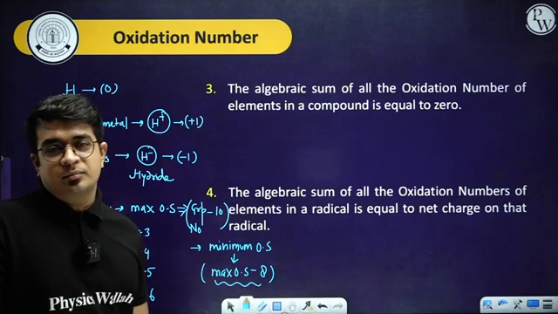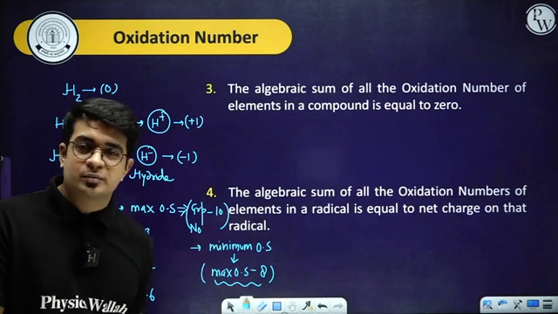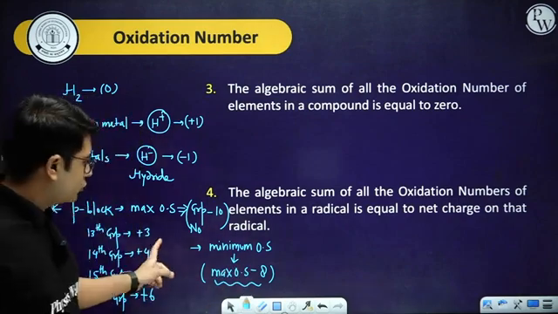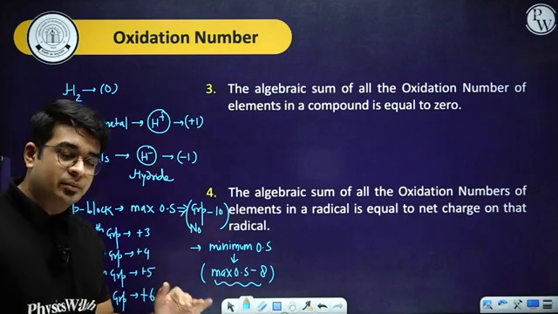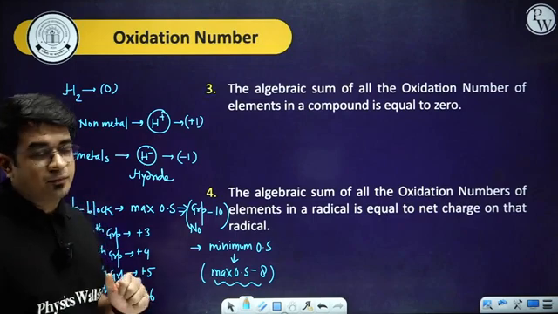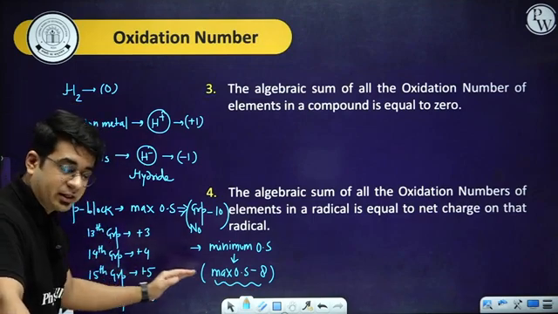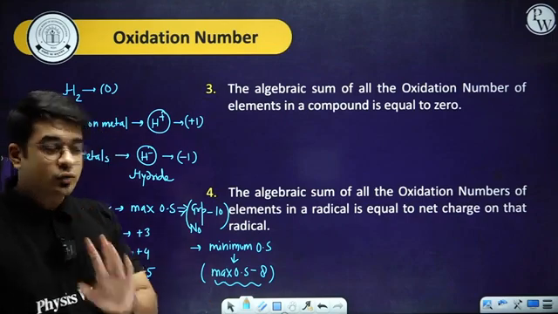How can an element gain 5 electrons when it can lose only 3? Losing 3 electrons is feasible, but gaining 5 is not. So for group 13 you cannot see the minimum oxidation state of -5. But in group 14 you can see -4, in group 15 -3, in group 16 -2, in group 17 -1. You can do it by yourself.